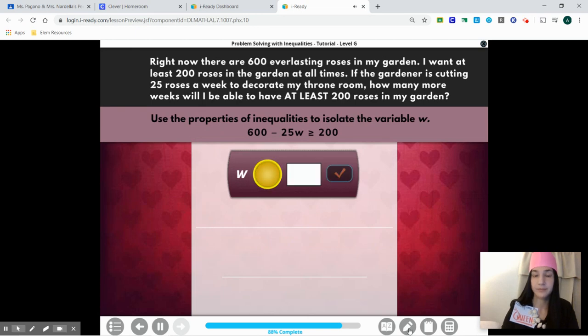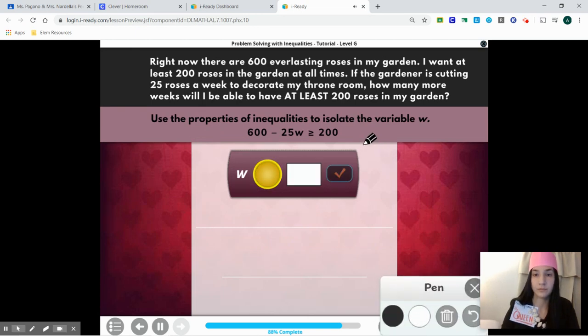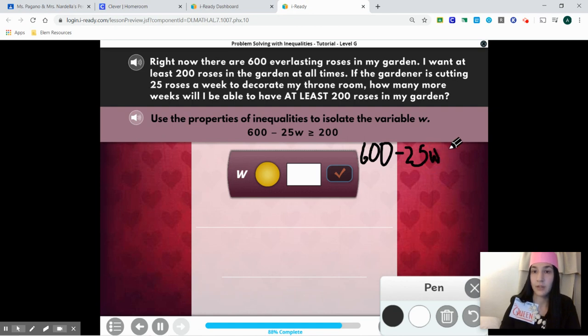Use the properties of inequalities to isolate the variable W. Okay, here we go. So we have 600 minus 25W greater than or equal to 200. We're going to draw that scale line, and we're going to start isolating that variable.